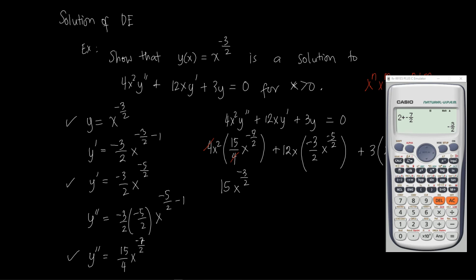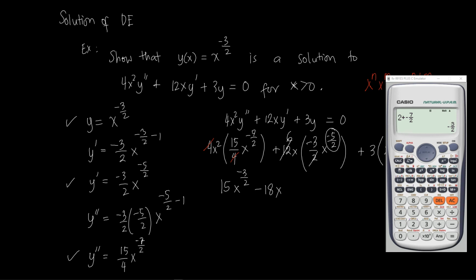Ito namang pangalawa. Evaluate natin ito. So, we have 12 tsaka 2. Cancel out natin. Remain tayo ng 6 dyan. Okay, 6 times 3. That is 18. Since negative ito, so negative 18. Now, yung x. Okay, exponent ng x is 1.